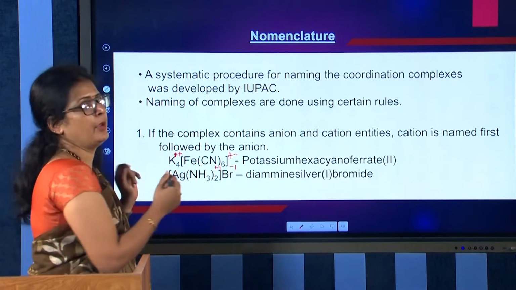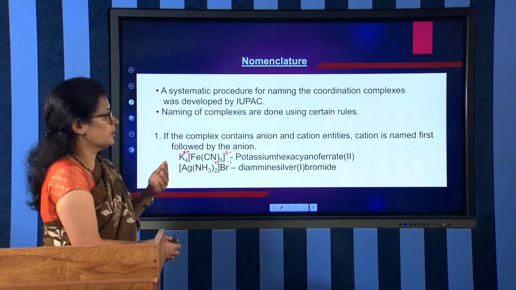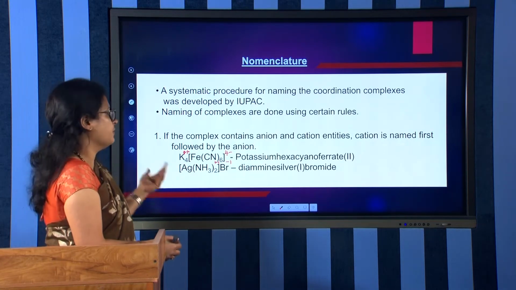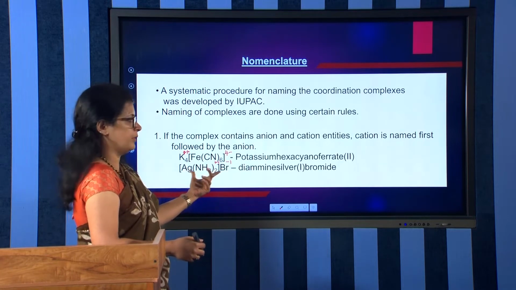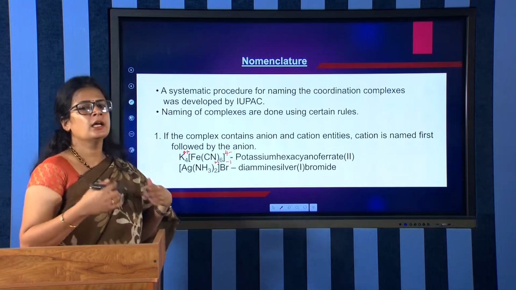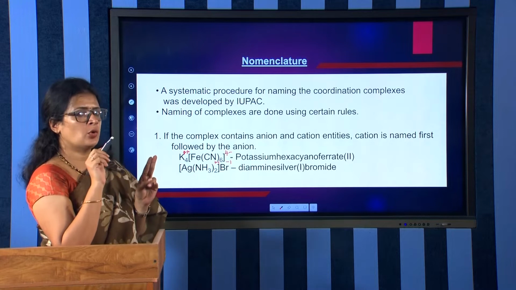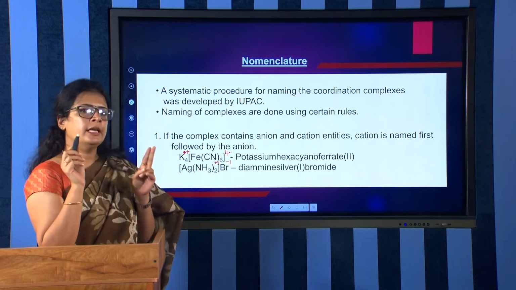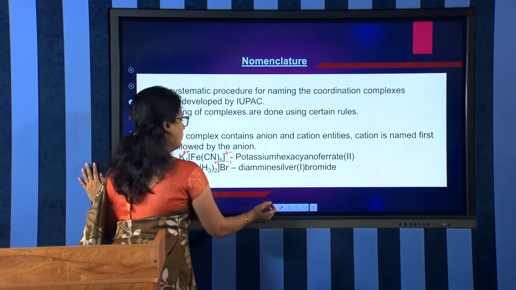According to this rule, the cationic part should be named first, and that is why the name starts with the complex ion, diammine, and how to name the coordination sphere will be discussed in the coming slides. So, the first rule is, if you have a cationic and anionic part, the naming should be done first for the cationic part.